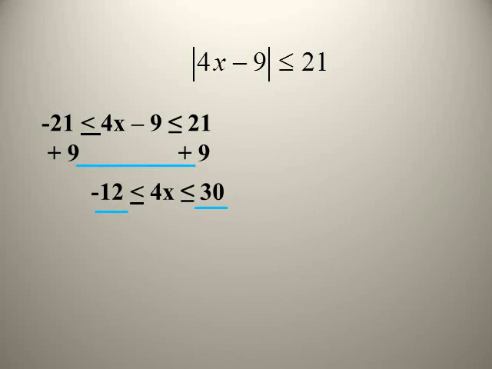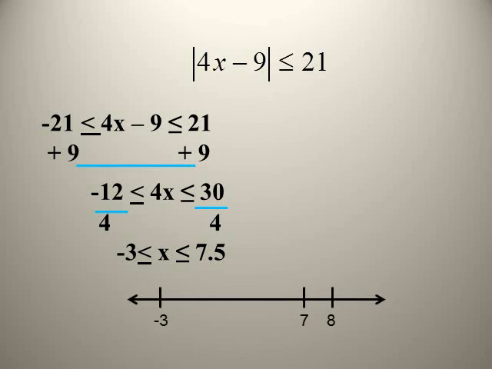That means 4x greater than or equal negative 12 and less than or equal 30. Finally, divide by 4. X greater than or equal negative 3 and less than or equal 7.5. So the solution set is the closed interval negative 3 to 7.5, and also on the number line like this.